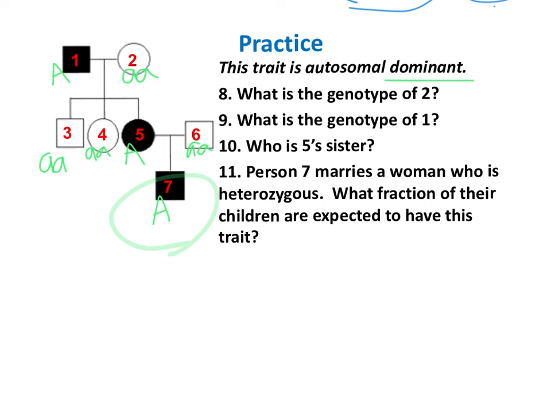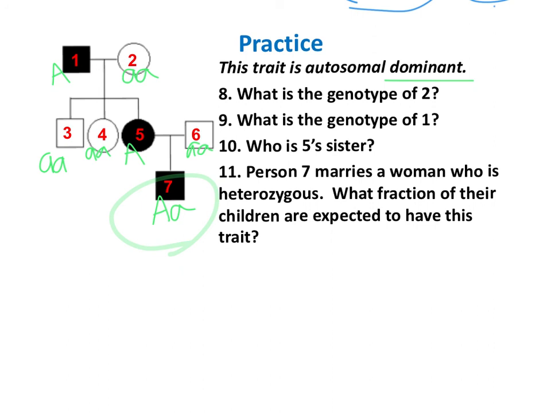Individual number 7 has a dad who only has little a, little a. Therefore, dad must give a little a. So I know individual 7 has to be big A, little a. Looking at individual 5, I'm also not quite sure until I look up and I see that number 5's mom is little a, little a.